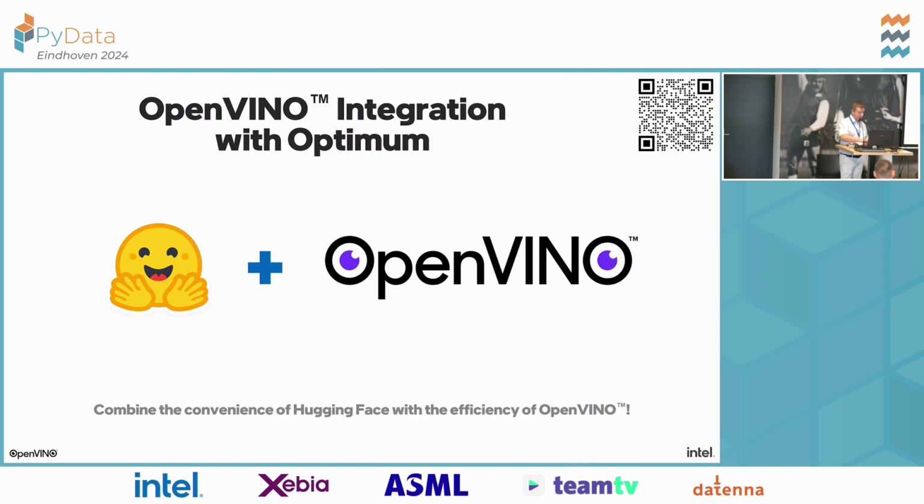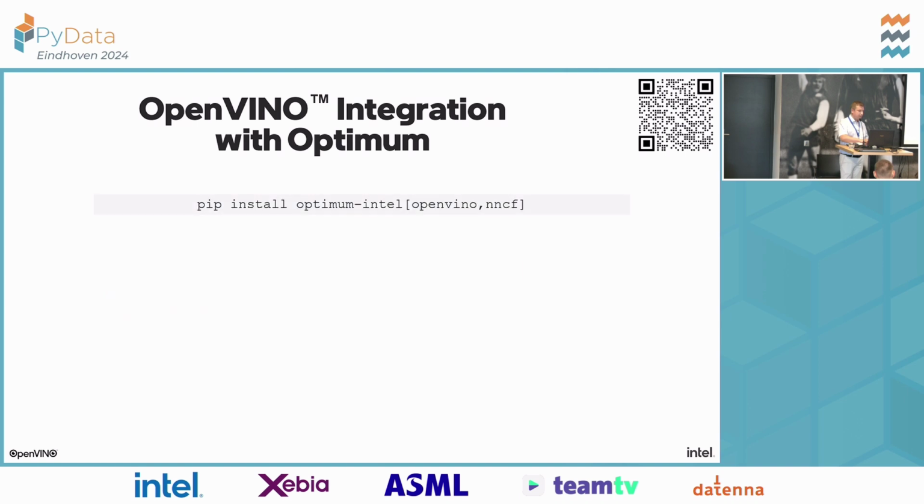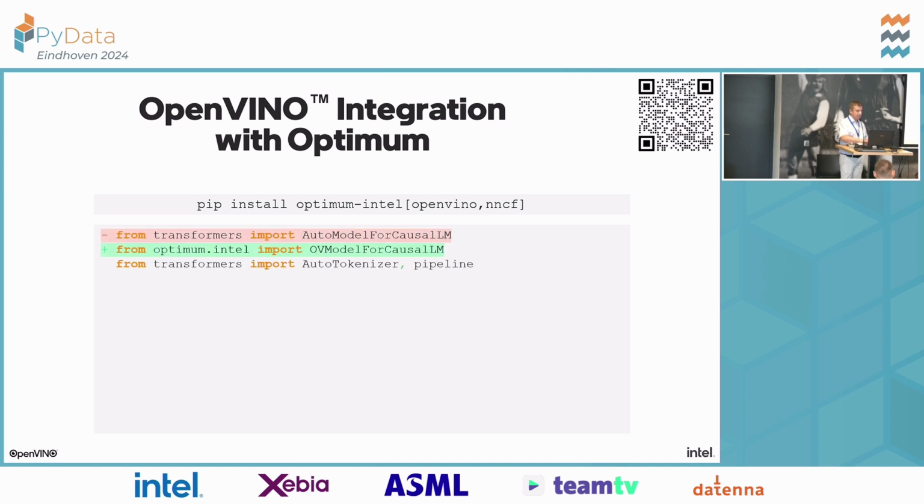And another thing is Hugging Face integration. For Hugging Face, again, it's installed with pip install, and the Hugging Face pipeline is pretty simple. It's for LLMs. It's based on transformers, and it's called AutoModelForCausalLM, for example.